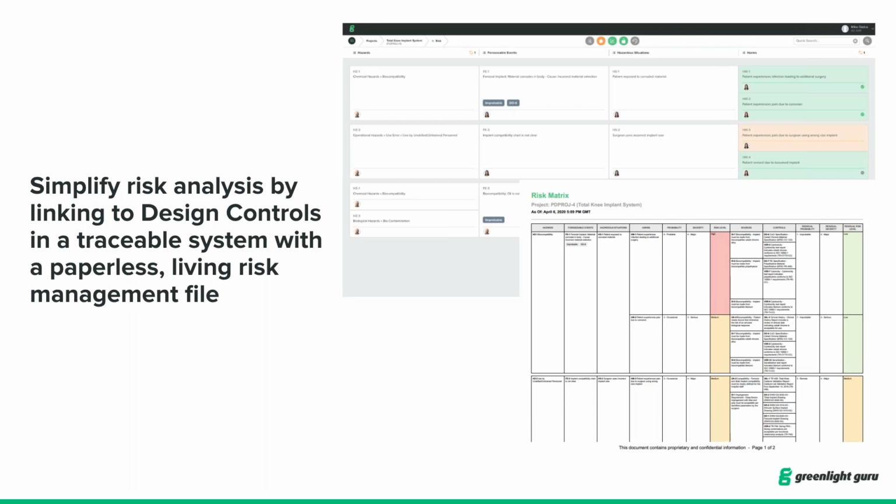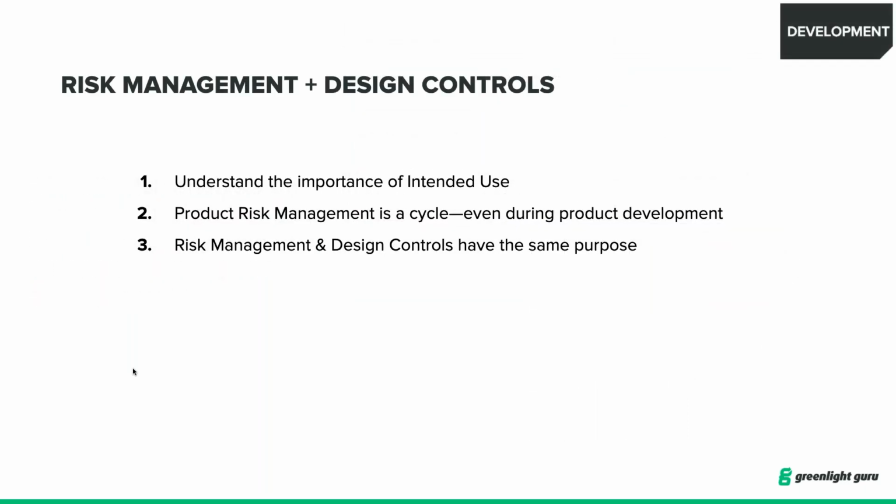For those scenarios where that risk is not acceptable or you need to mitigate, well, then that needs to feed back into your design control practices. So figure out a way to blend these. And this is one of the things that we've done from a Greenlight perspective, is fully integrated design control and risk management workflows with design reviews so that it is one seamless process.